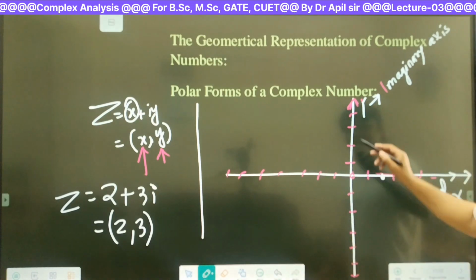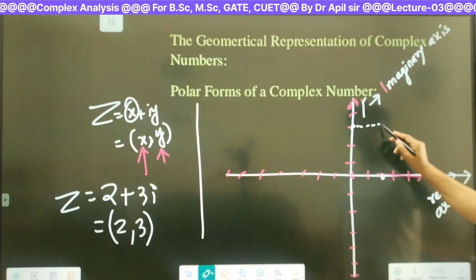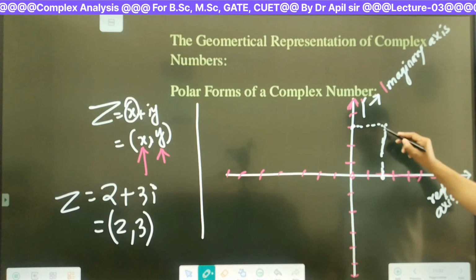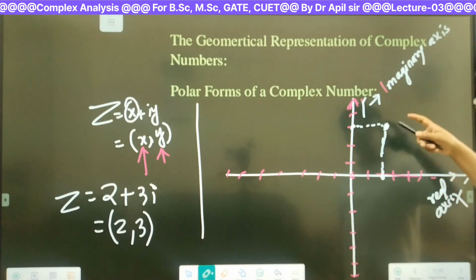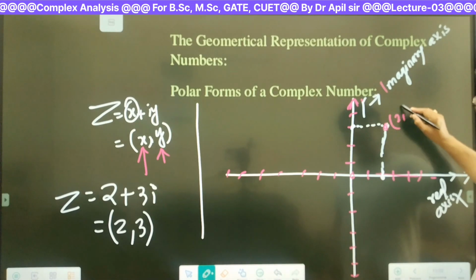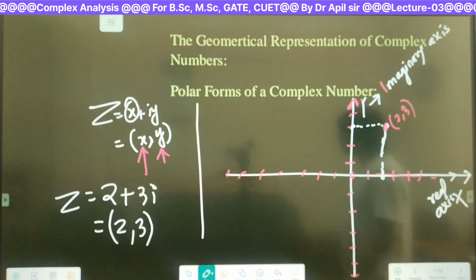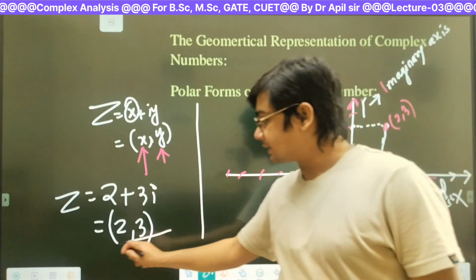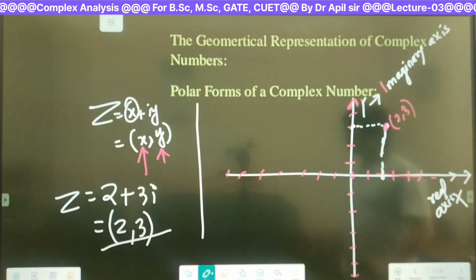And the imaginary part is 3, so 3. I think this will be the point whose coordinates will be 2, 3, right? That means this complex number we can easily plot on this system.